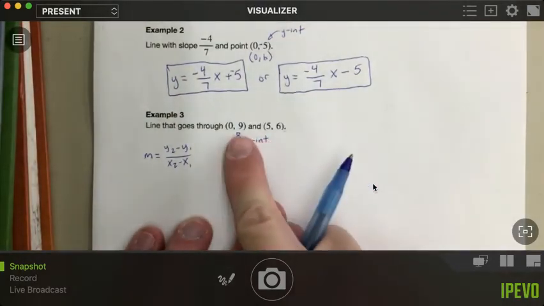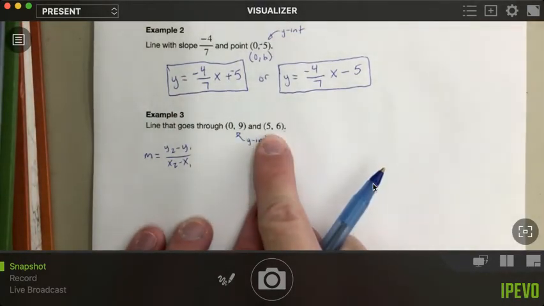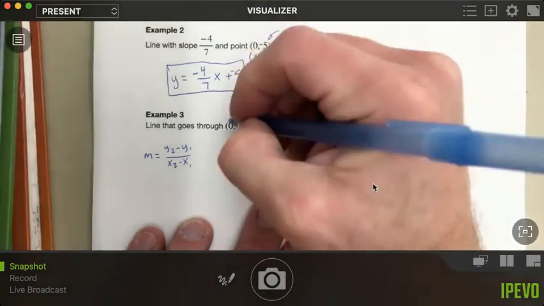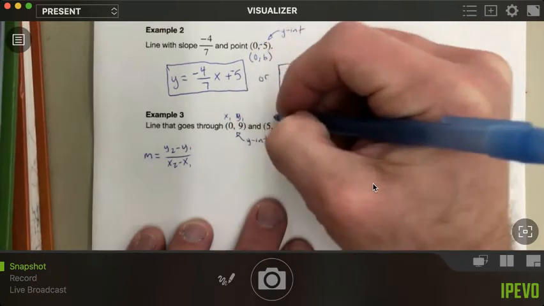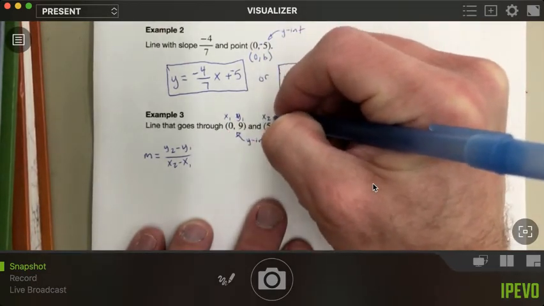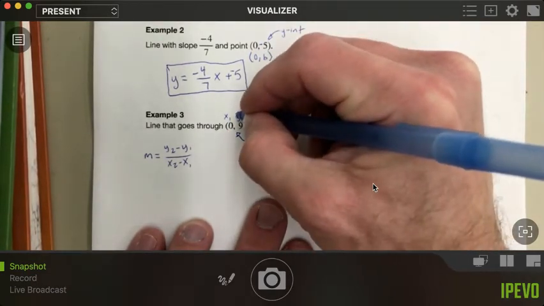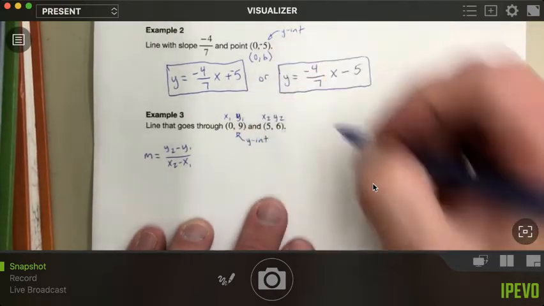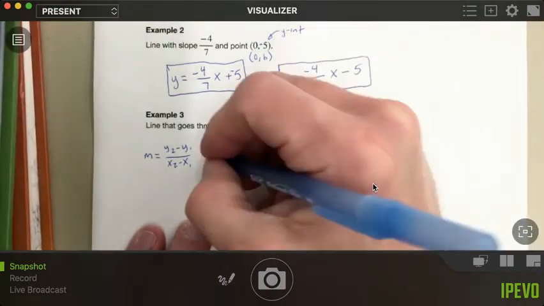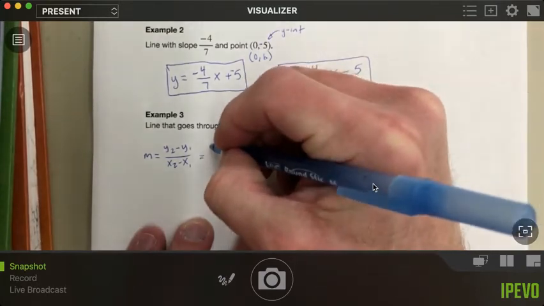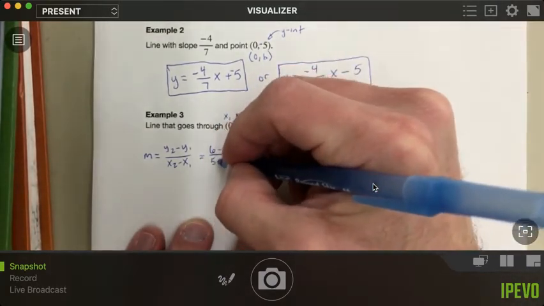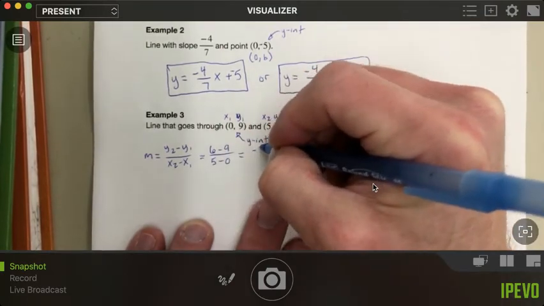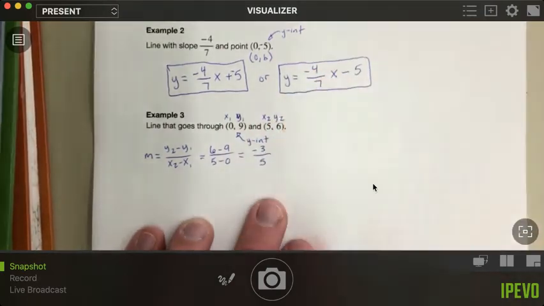So you could always plot these on a graph and then count the difference between them, or as long as we call these (x1, y1) and (x2, y2), we can also do our calculation here. So that would be 6 minus 9 over 5 minus 0, which would be -3 over 5.